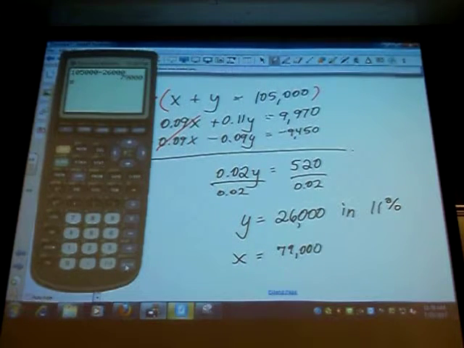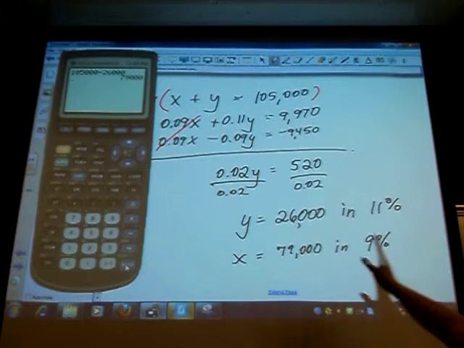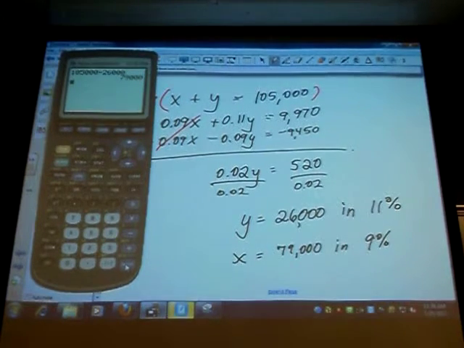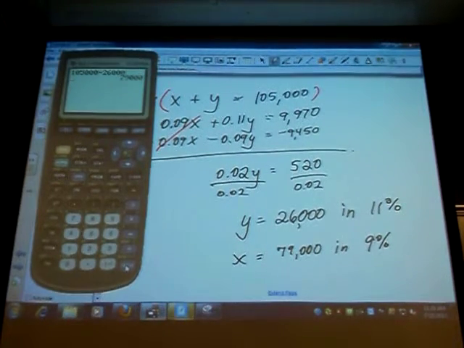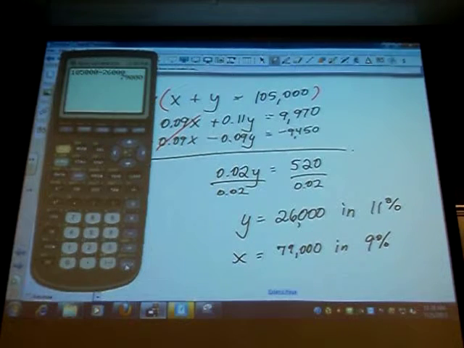That works because you're investing the total of 105, and since you invested 26, whatever's left over must be in the other account, because I've got nowhere else to put it. So that's not actually income, that's just what you're investing into it. Yes. Your income would be the percentage times the amount. If you add those percentages times the amounts together, they should add up to 9970.